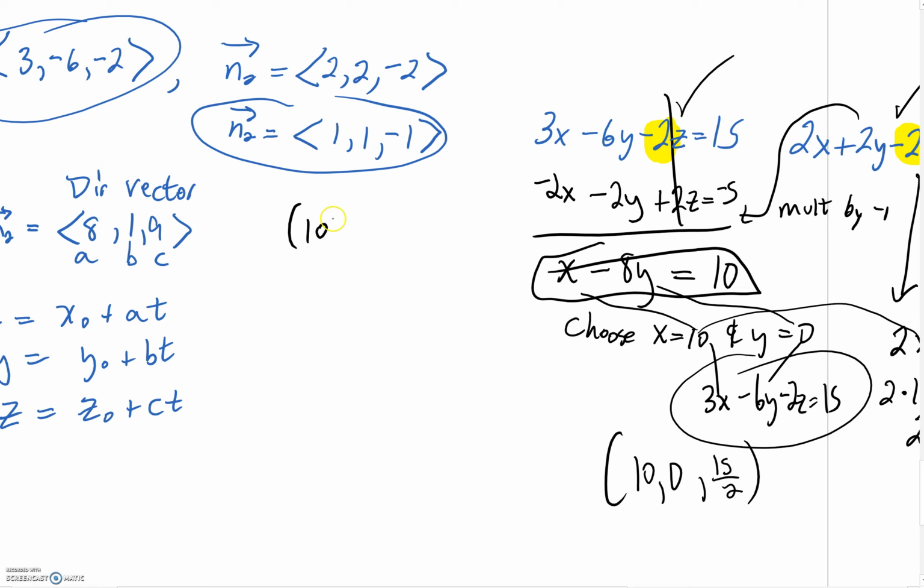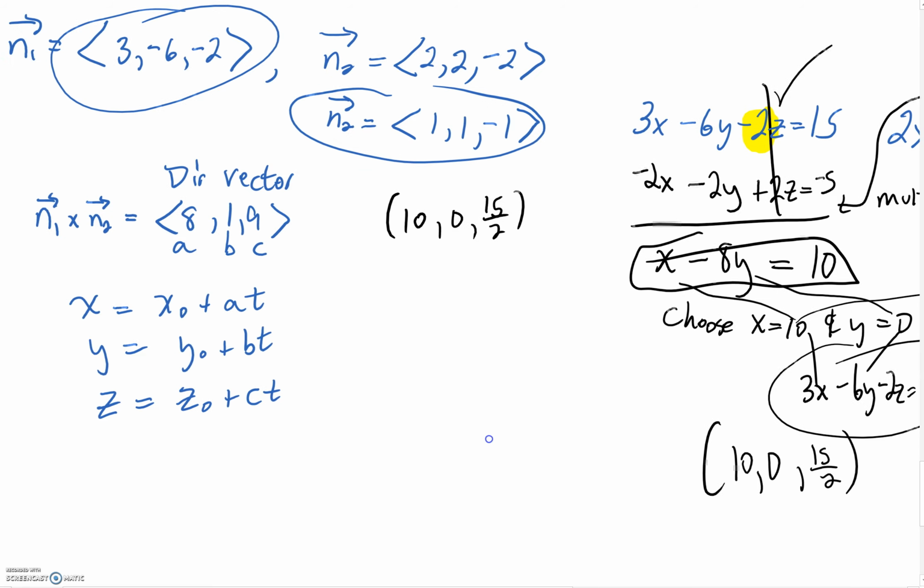So what we're seeing is we found a point that's on both of those planes simultaneously. That's actually the point that's on the line that's satisfying both at the same time. In other words, that's your x naught, y naught, z naught.